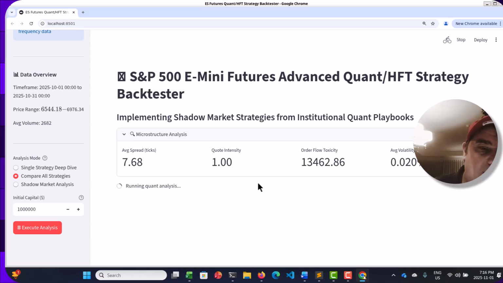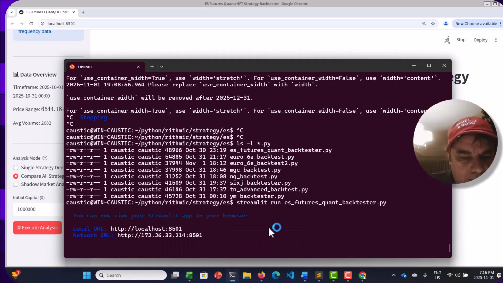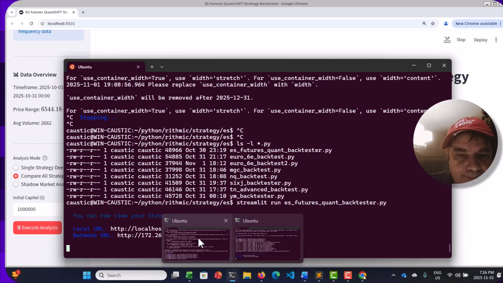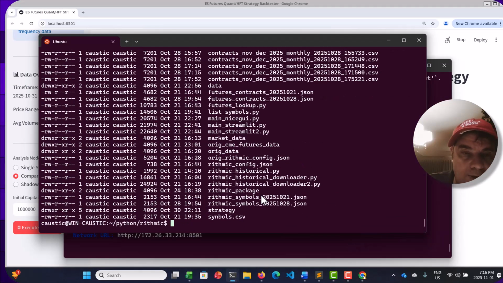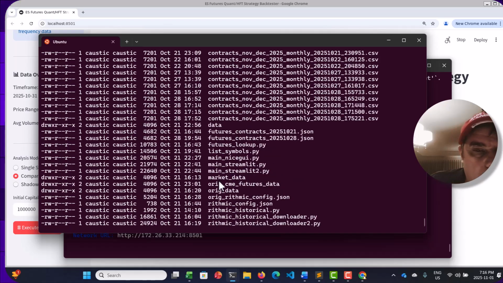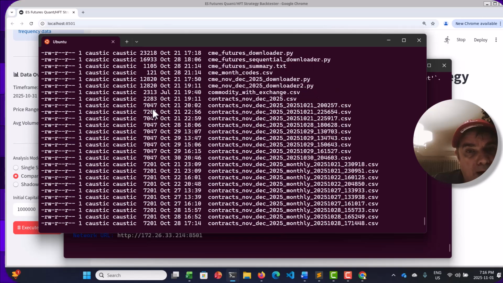This might take a while. I might have to make this as a different part. Here's the problem. Let me show you what's going on here. If I was to use real world data, I can show you some of the data here. Okay, so here you can see some of the data is very small right here.